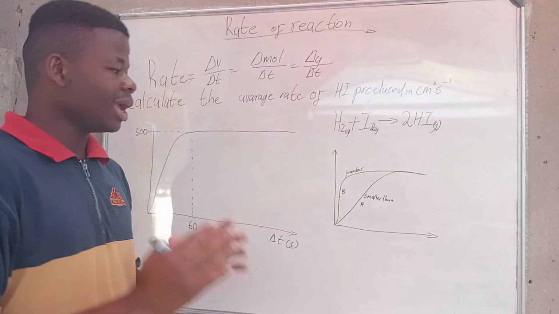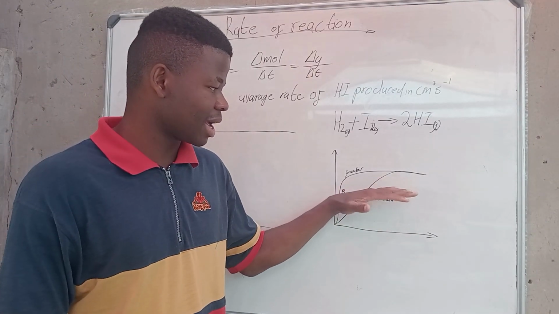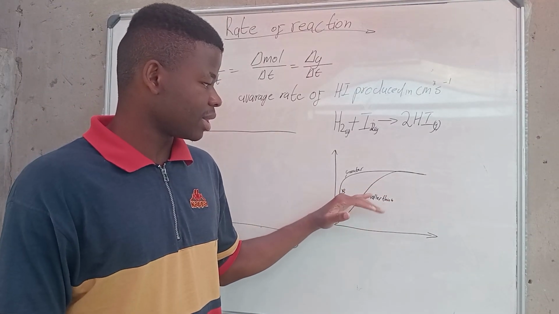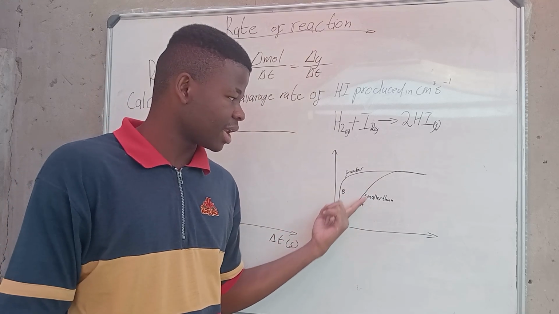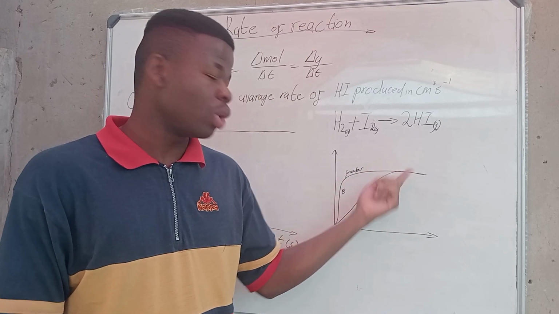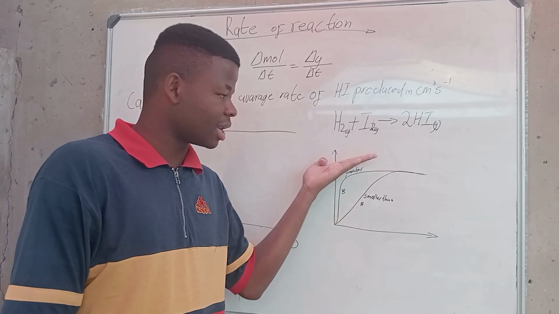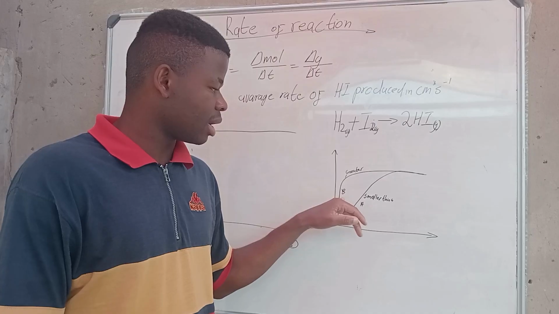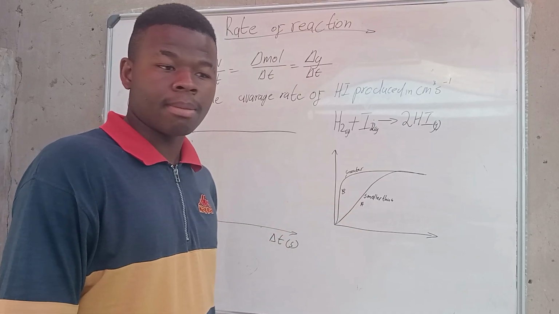If you have a less steep gradient, the rate of reaction will be slower. But if you have a steeper gradient, the rate of reaction will be stronger.